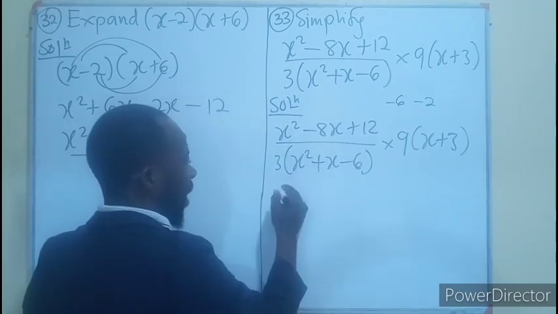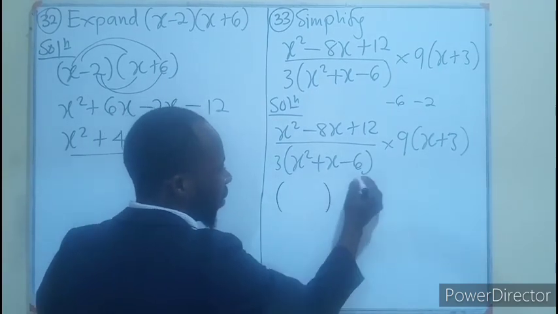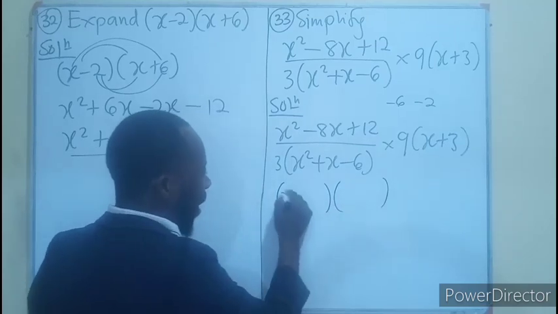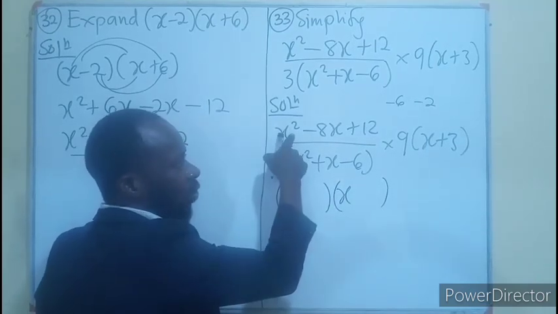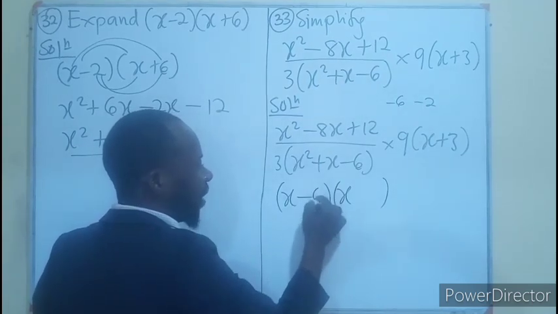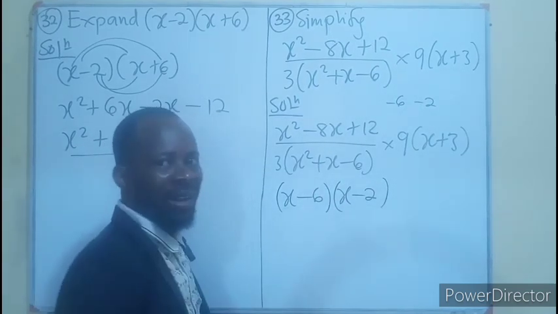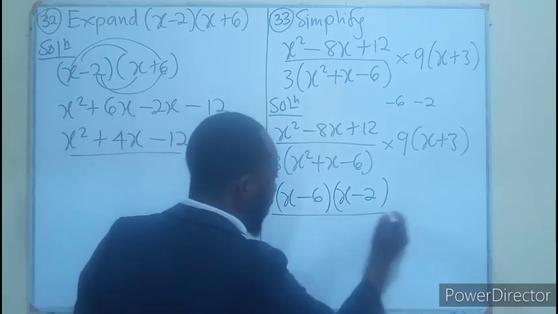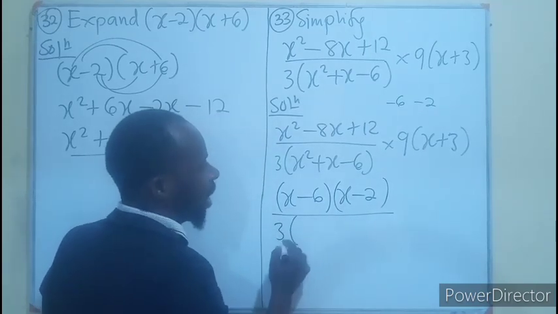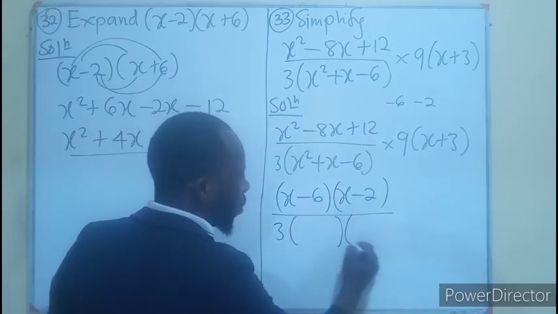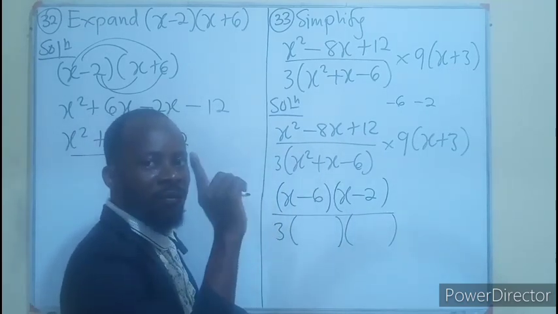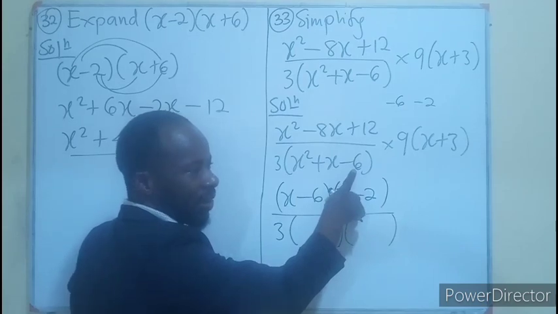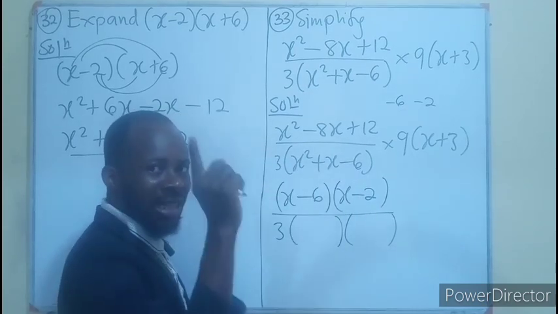So here, I'll open my 2 brackets, where the first term will be x. x times x gives us our x squared. Then you bring your negative 6 and negative 2. We are only factorizing. So all this is divided by 3 times the bracket. Since this is also quadratic, I look out for factors of negative 6. When you multiply, you get negative 6.